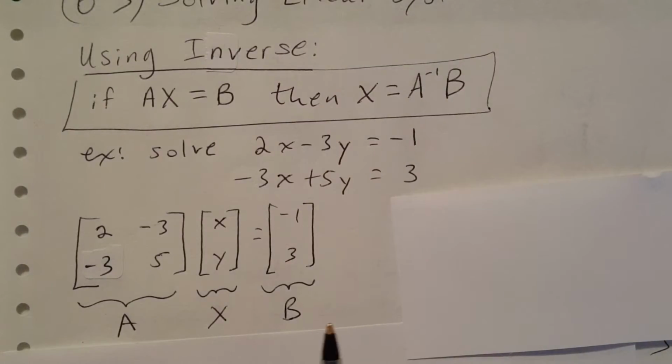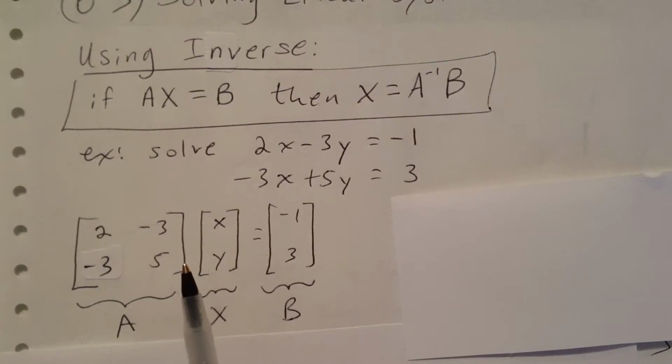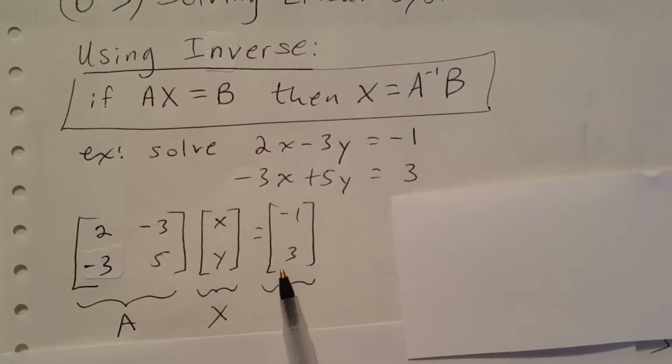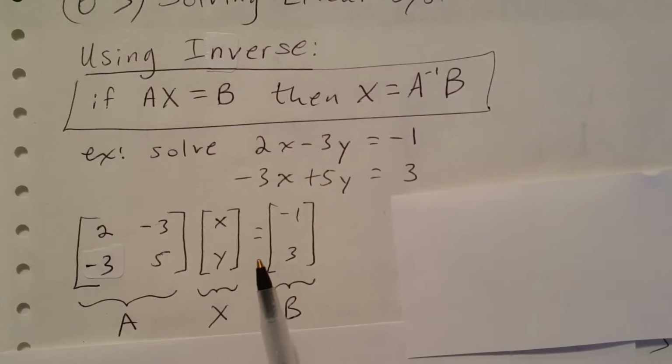We didn't do it this way before, so this is another way of doing it, but this time we're going to use the inverse. If we consider this to be the A matrix and this the B matrix, then the variable is equal to the inverse of this times this.